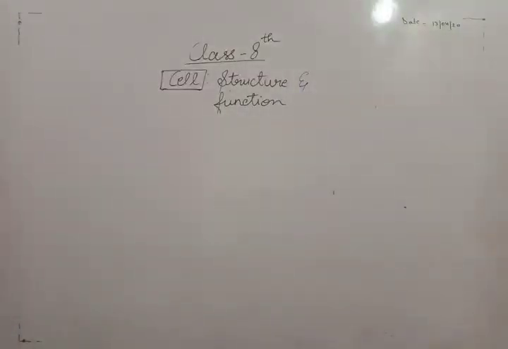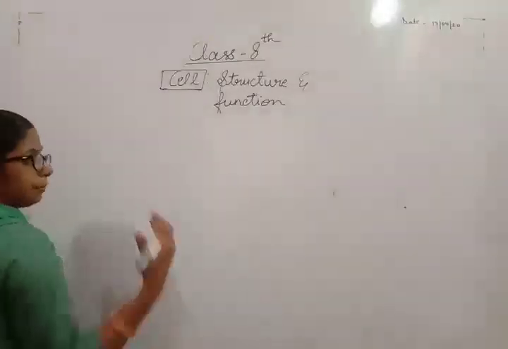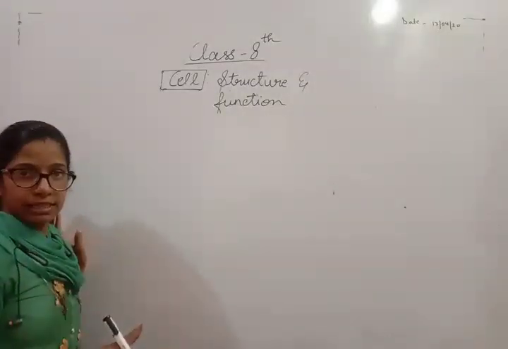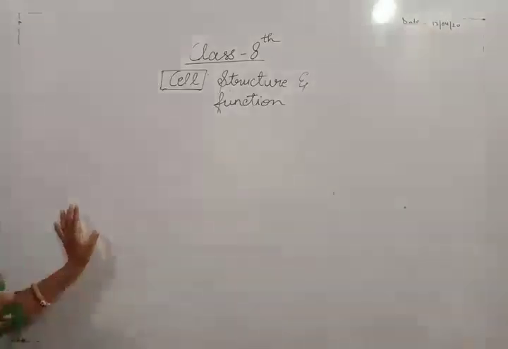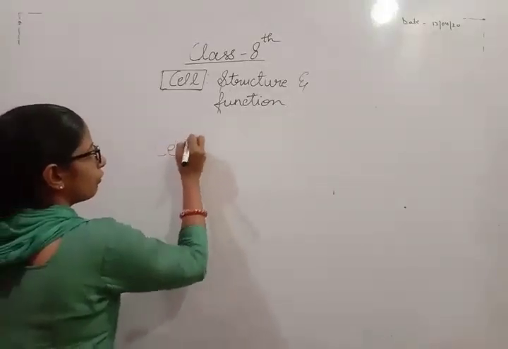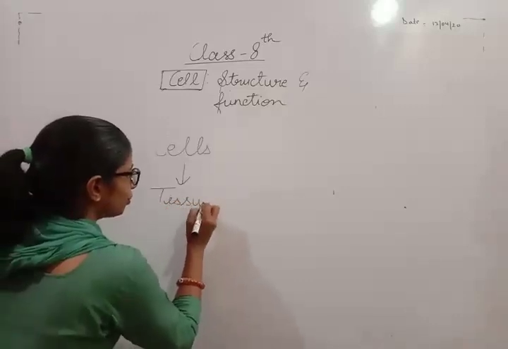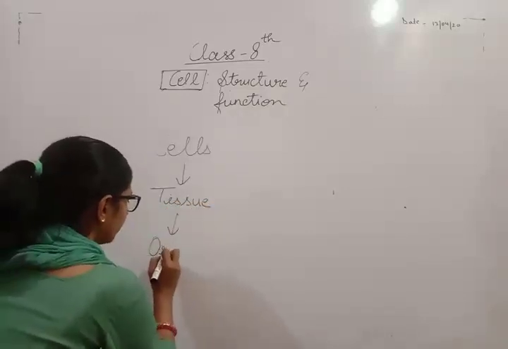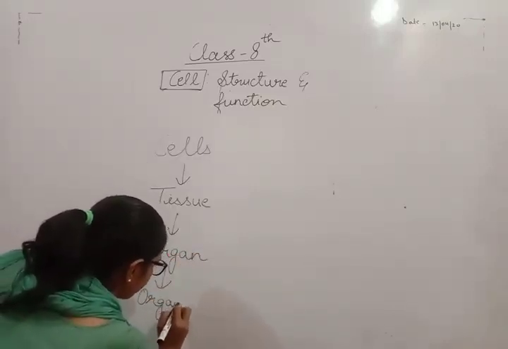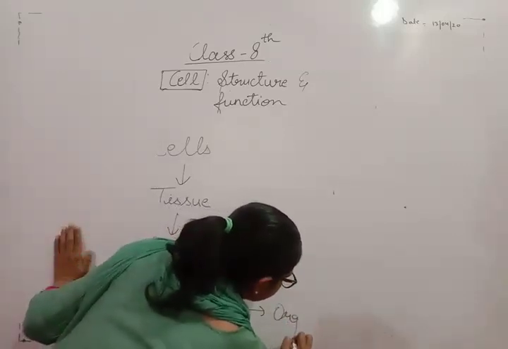Okay, now we are done with cells, type of cells, type of organism on the basis of cells, and the definition of cell. And we also have seen how from cells we get tissues, tissues together form organ, organ together form organ system, and organ system together form organism.